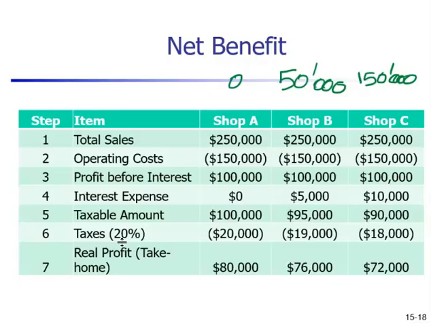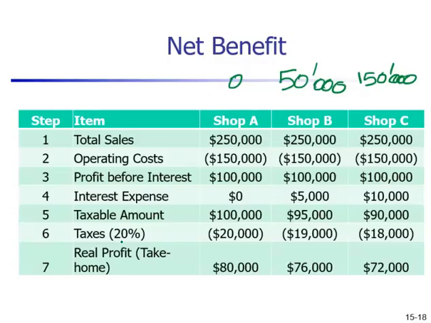And the reason I'm emphasizing this fact is that when we are talking about tax shield, it doesn't mean that the shop with interest payment is going to have a bigger profit number. No, they just pay less tax.